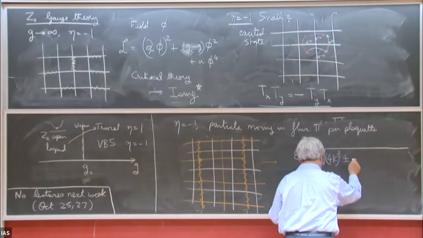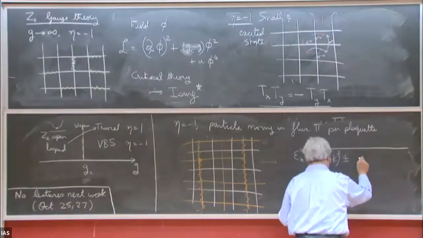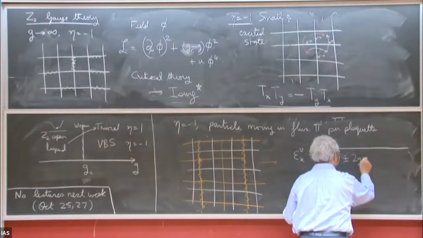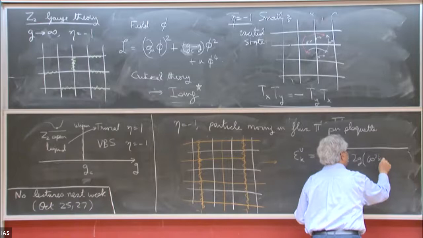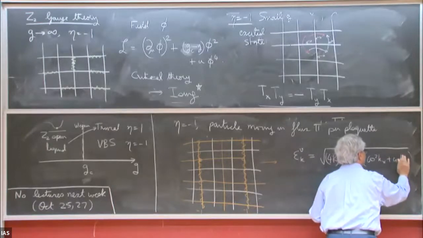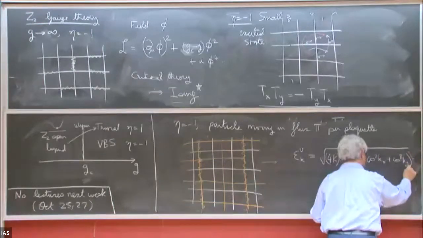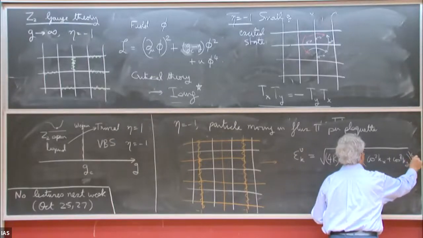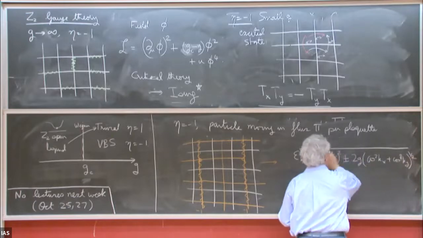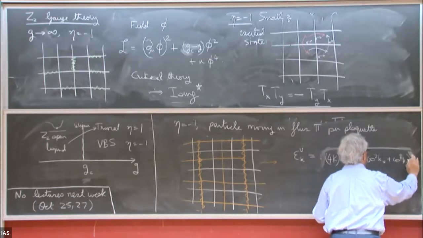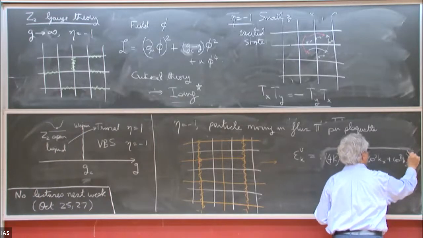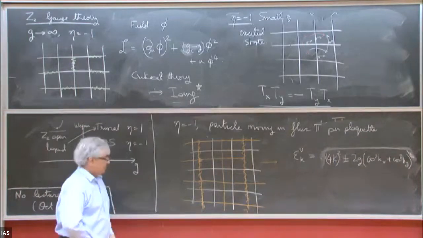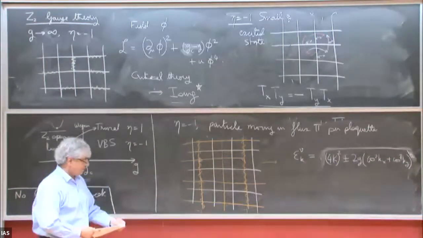So I think you're going to get the answer in perturbation theory in your homework, something like this: k_x squared plus k_y squared. No, there's no square root. Okay, something like that. I may have the factors wrong. It depends on the gauge, exactly how it works out.